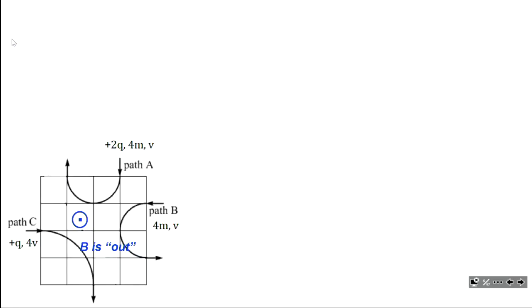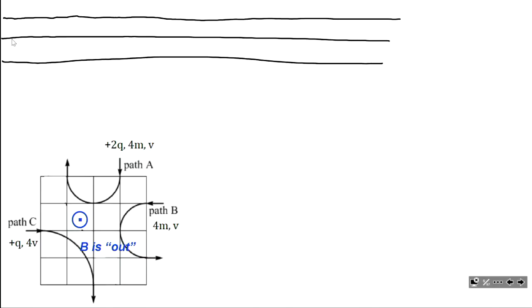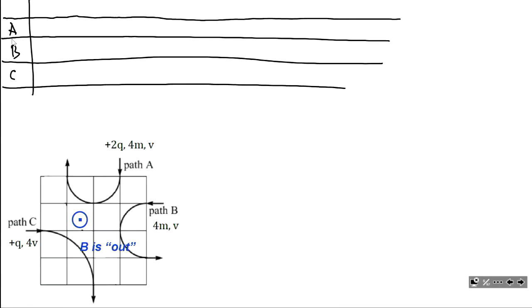But first, I want to use some kind of a systematic representation of everything we may know about particles. We have 3 particles, A, B, C. For each particle, we have what? We have given parameters: mass, charge, speed.